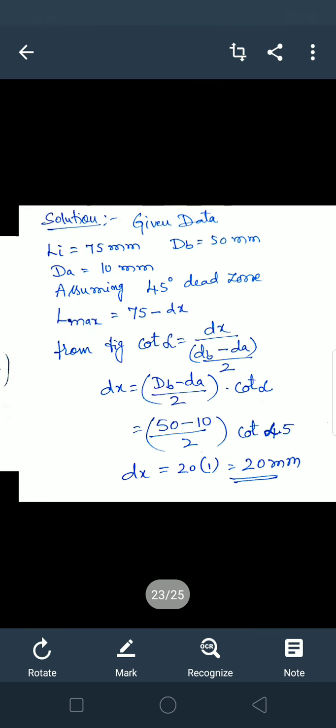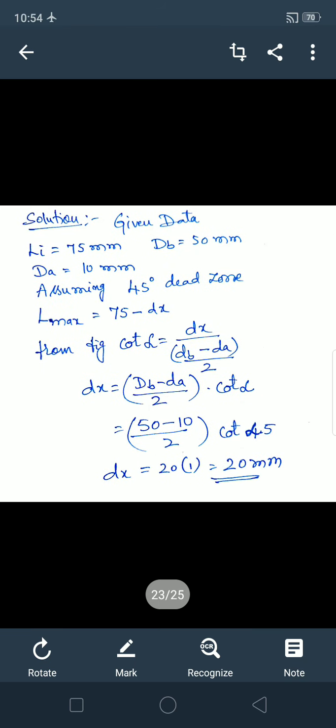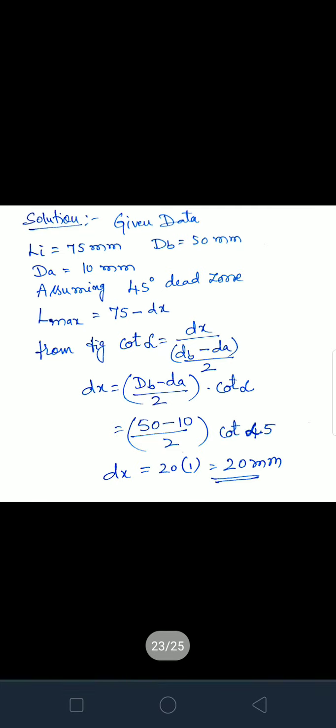According to the given data, initial length is 75, dia before extrusion 50, dia after extrusion 10, assuming 45 degree dead zone angle. Then the maximum length is equal to 75 minus dx.